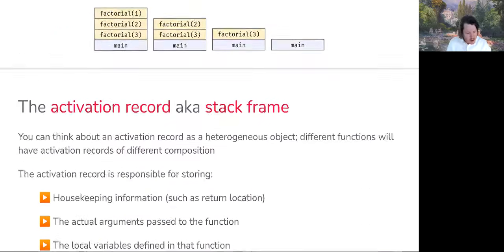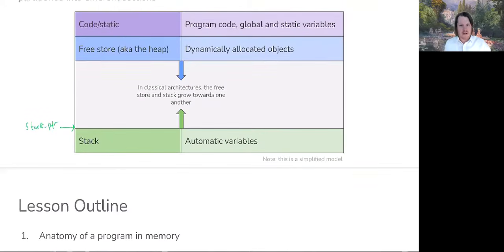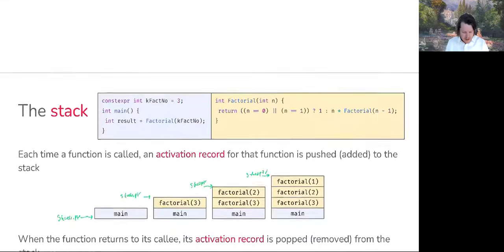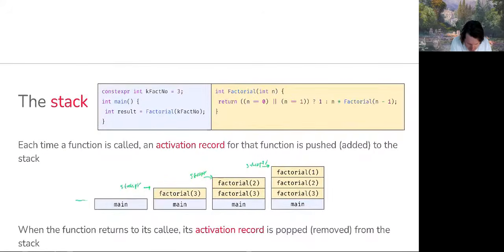And that's what I was trying to allude to here. We start out with the current state of the stack. When we start up our application, there's one activation record on it for main. So the stack pointer, let me go ahead and move this up for consistency, is going to point to main's activation record.